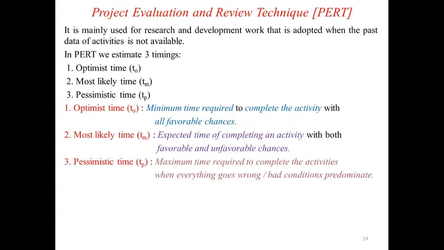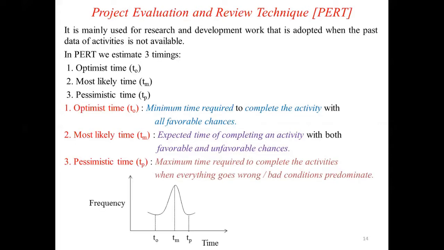Then third one, pessimistic time, denoted as TP, is the maximum time required to complete the activity by considering the worst condition, or bad condition. The maximum time taken to complete the activity by considering the worst condition is known as pessimistic time, denoted as TP.